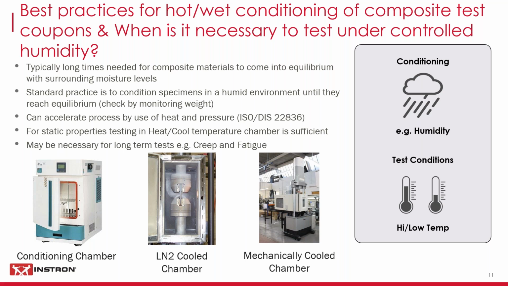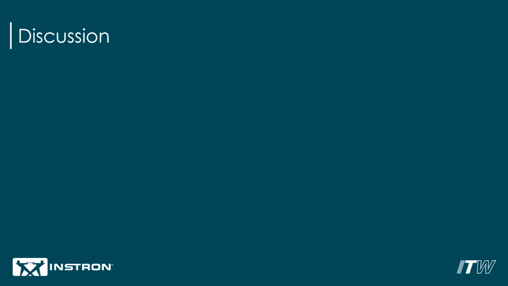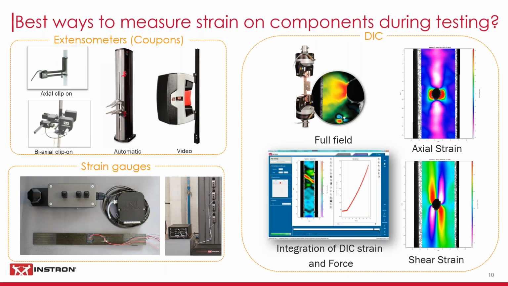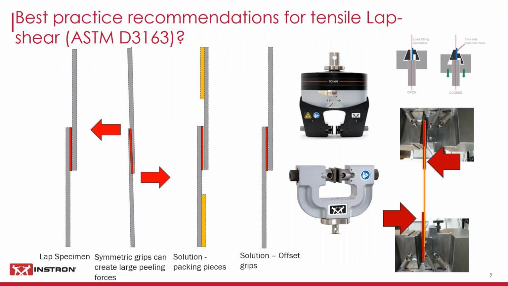Then we had a question regarding your lap shear slides. Could you, offsetting the grips, put a bending force on the load cell? It could put a small side load, or offset load, into the load cell. But all of the Instron load cells are specific.